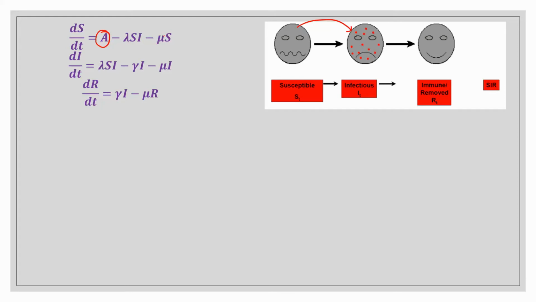When an infected person comes in contact with a susceptible, they catch the infection at the rate lambda, and then this class is transferred from S to I. Similarly, when the infected population recovers, it is at the rate gamma, going from class I to class R, and as I have already told, all these mu's represent the natural death rate.